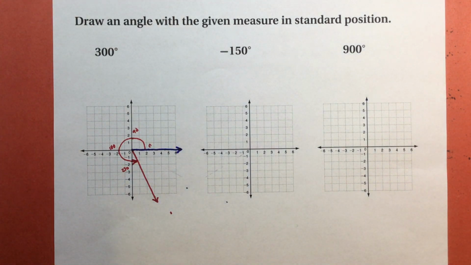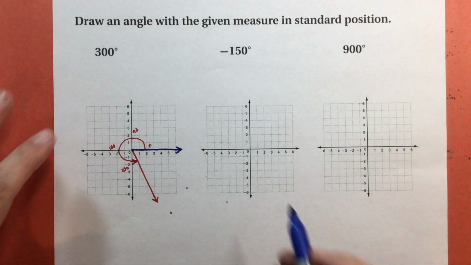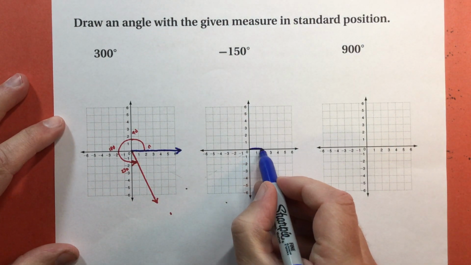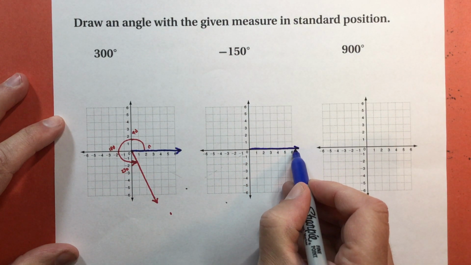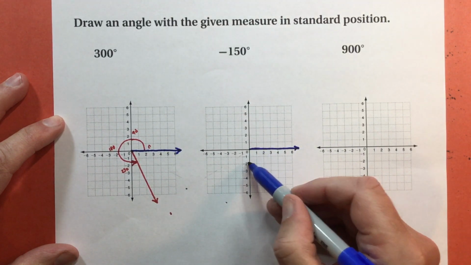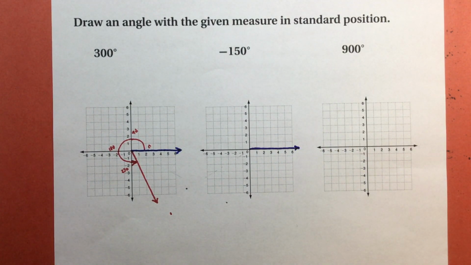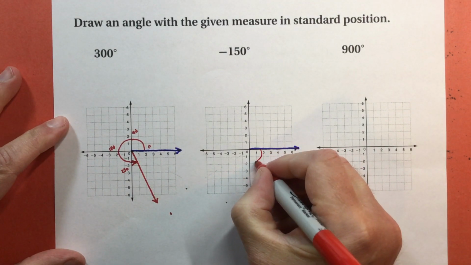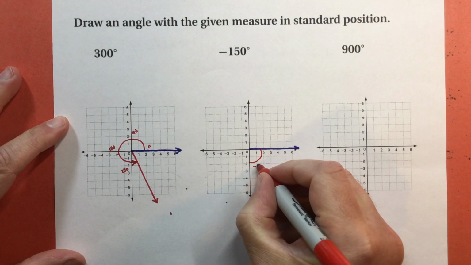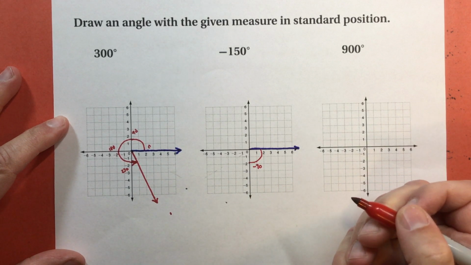Number 2, which is not numbered number 2, but that's okay. The angle is negative 150. Negative means, I'll draw my initial side right here. Negative means I'm going to go the other direction. So I'm going to start here and I'm going to rotate this way. That's now negative 90 degrees so far.